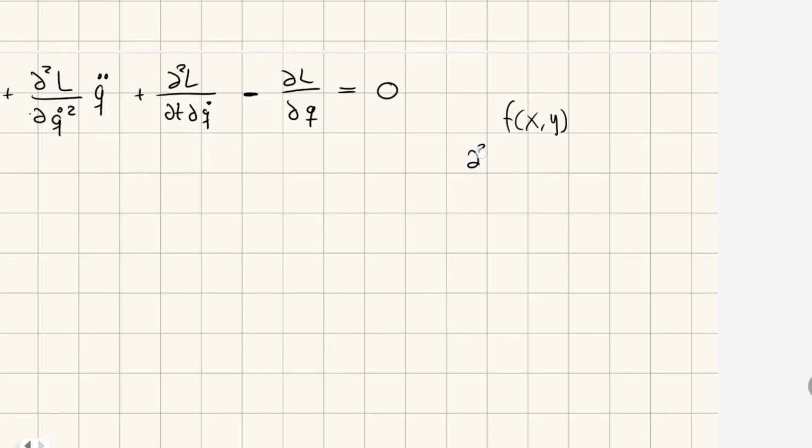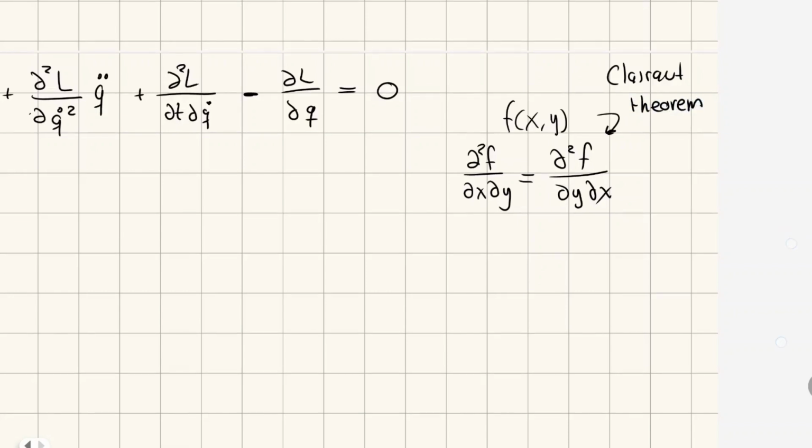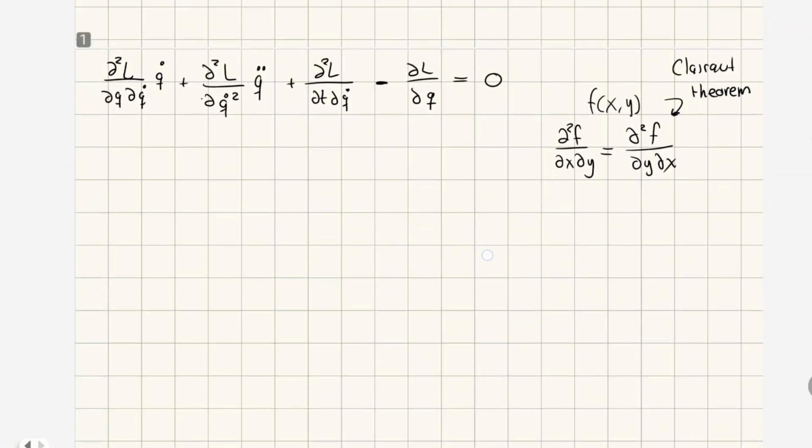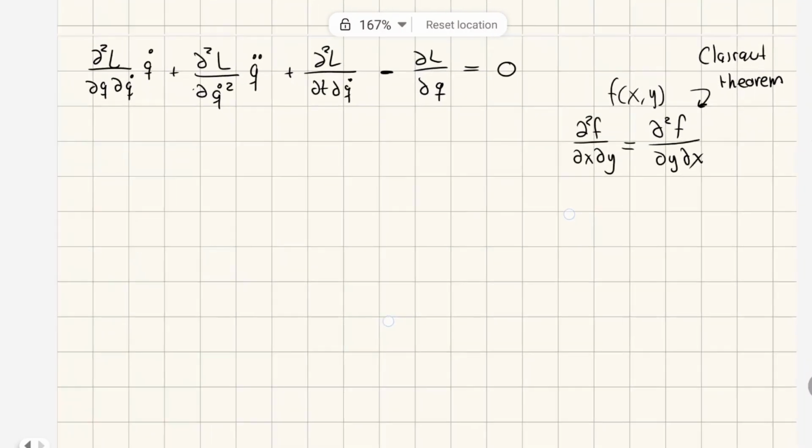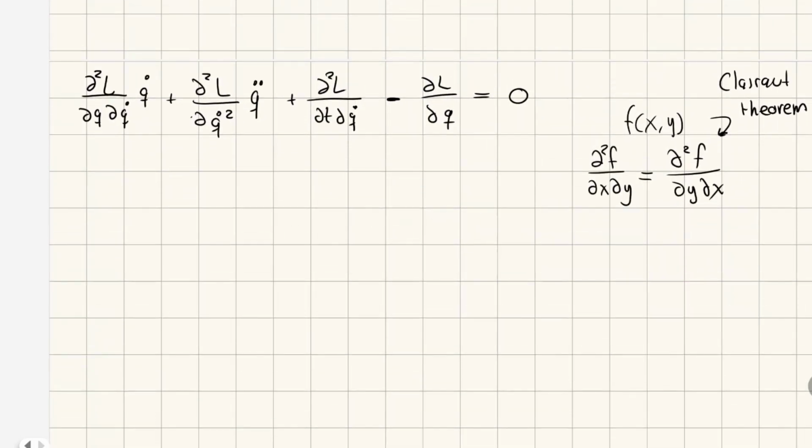That means the second partial of f with respect to x and then y is equal to the second partial of f with respect to y and then x. We can switch the order of the derivatives because of the Clairaut theorem. We are going to do something like that in this process.